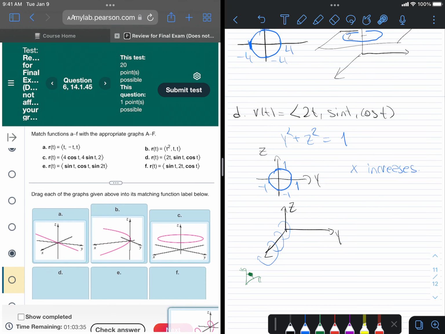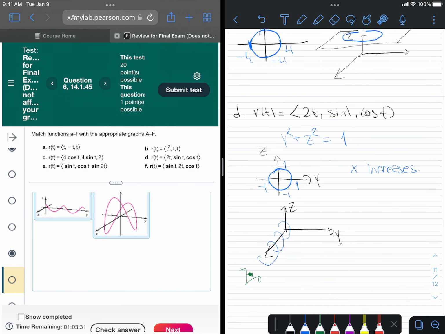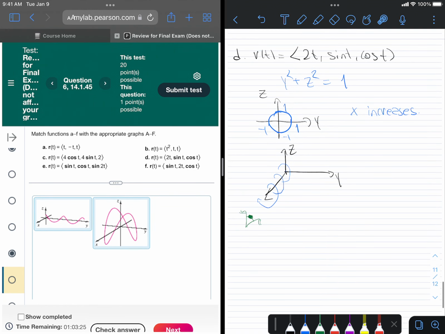So that is D. Now we're supposed to decide between E and F. The only one, and that's pretty easy to see, on F, you have that the y coordinate is 2t, so y grows indefinitely.